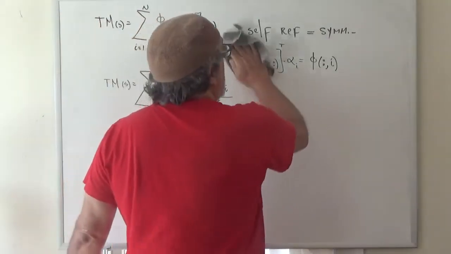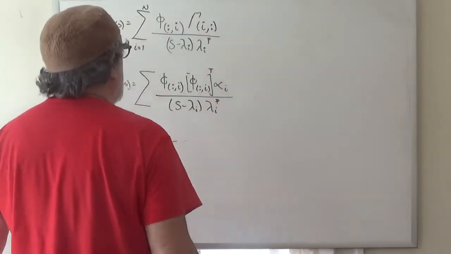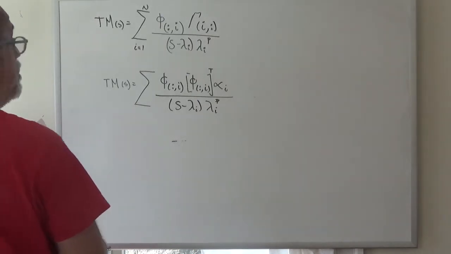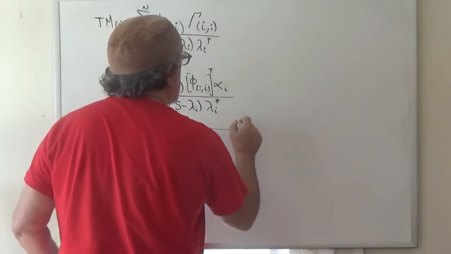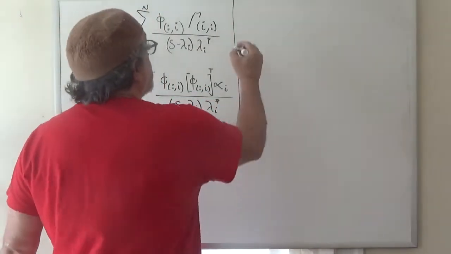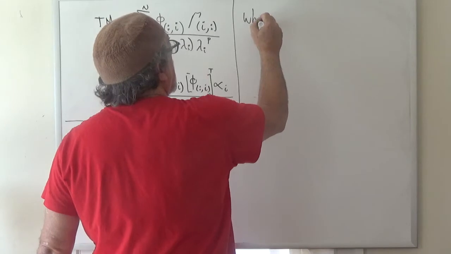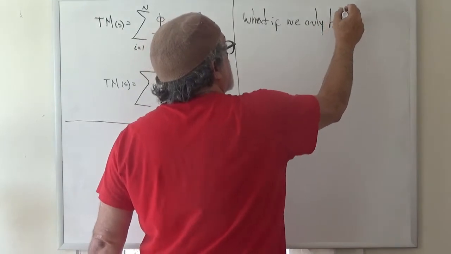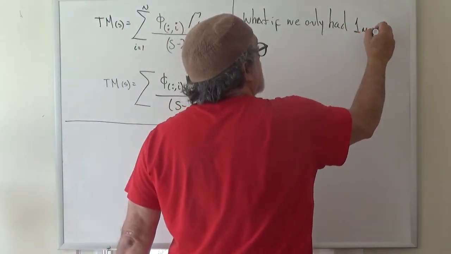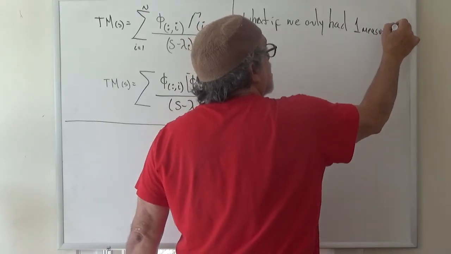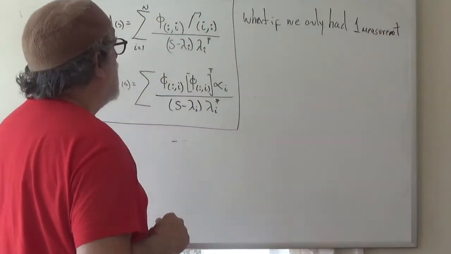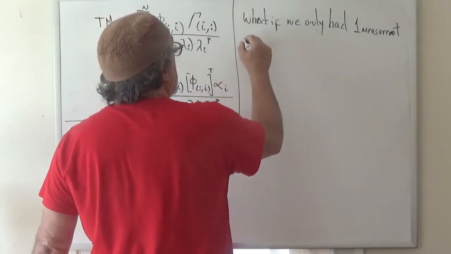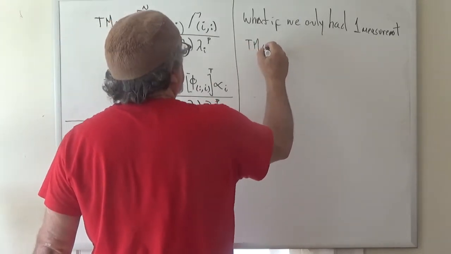Okay, so now that we have this situation, we want to say, well, what if I only had one measurement? Then we could say that this equation here, a transfer matrix in general, right?